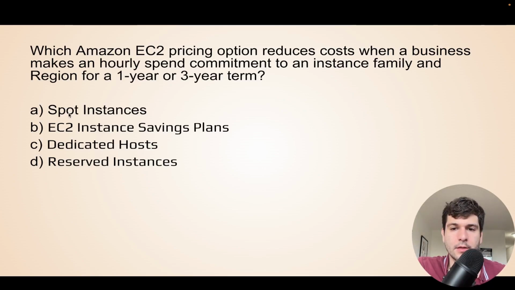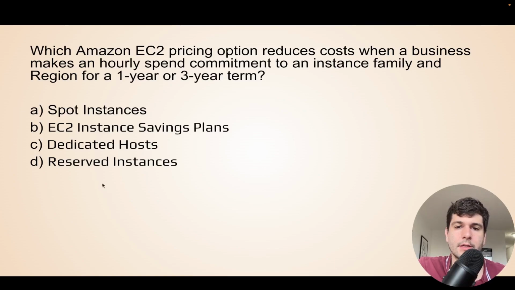So it's not spot instances because they're not terms. Dedicated hosts, we can also eliminate. That's if you want your own kind of server, not really reducing costs. So yeah, not that one.